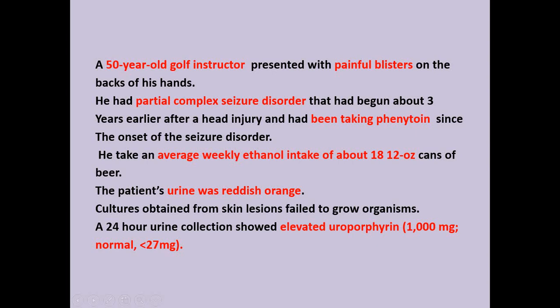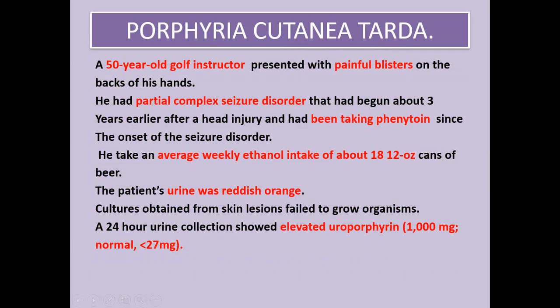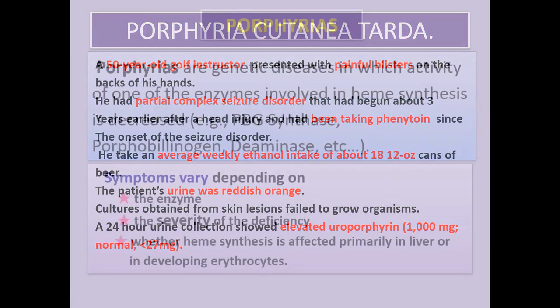He also takes alcohol in the form of beer. His urine turned reddish orange in color after standing for some time, and this patient has been diagnosed as a case of porphyria cutanea tarda.